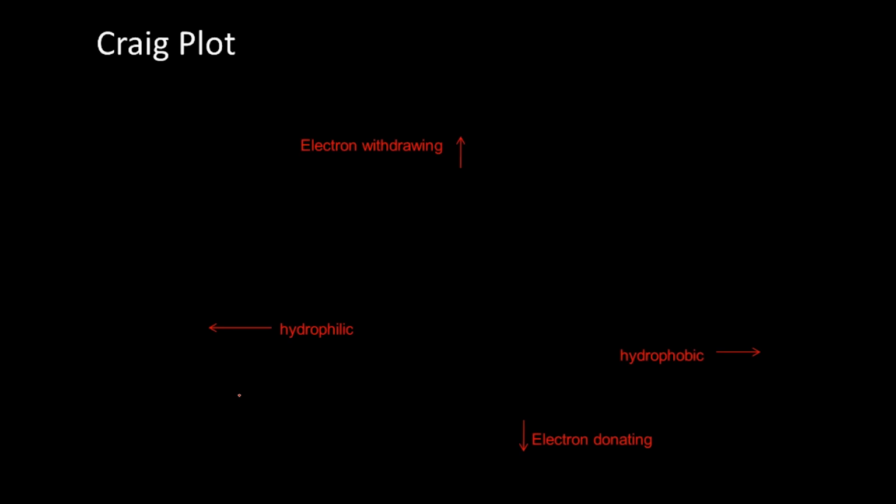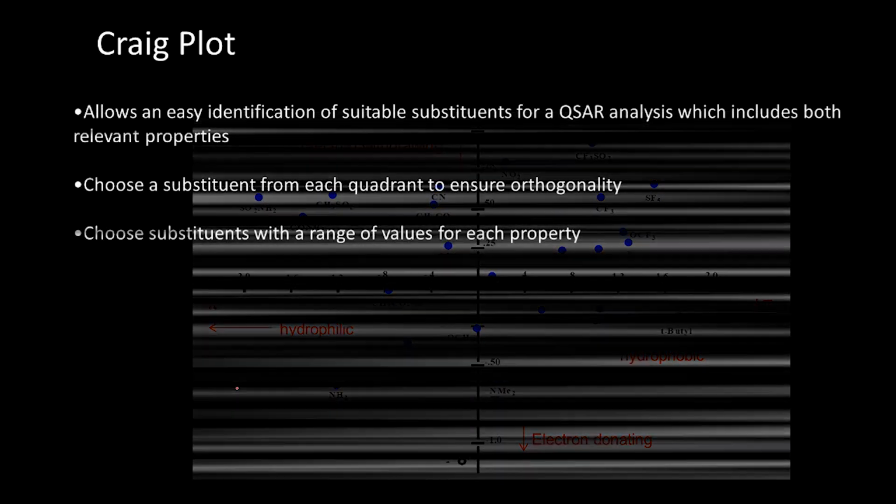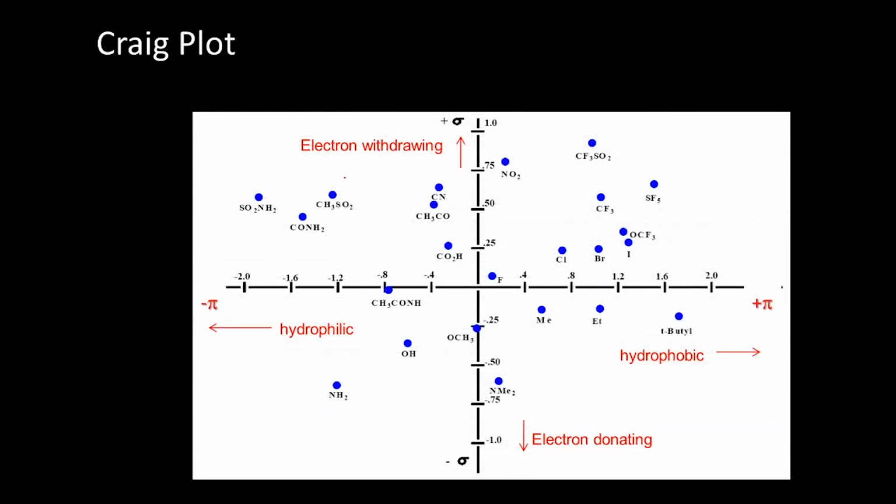There is something called a Craig plot, which is also used in QSAR. This is a Craig plot. What is this? We have 2 things happening. One is the pi, on the x-axis. That is the hydrophobicity and hydrophilicity of the substitution. Sigma is the electronic effect of the substitution.